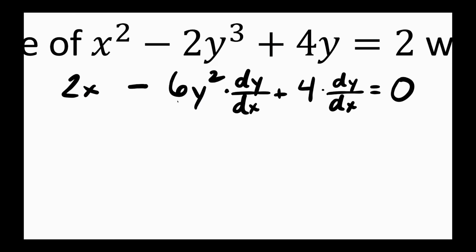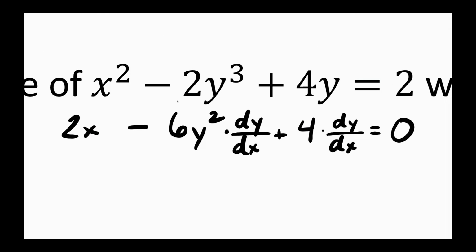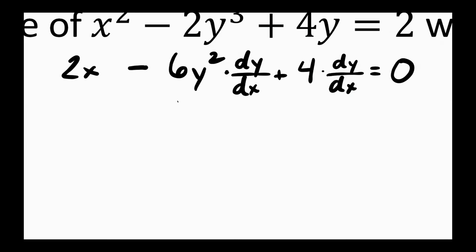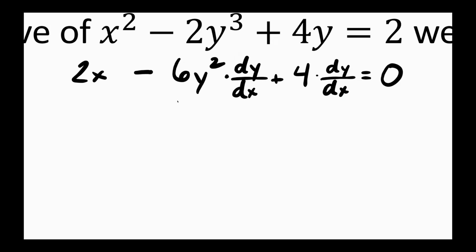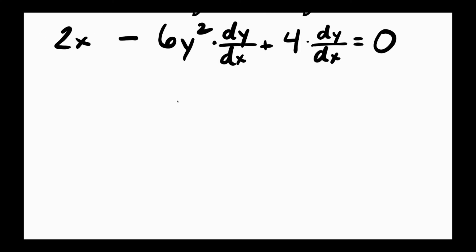Now, to find derivative, I have to find dy over dx, right? That's what the question says. Find dy over dx. How many of them do I have? Not a trick question.